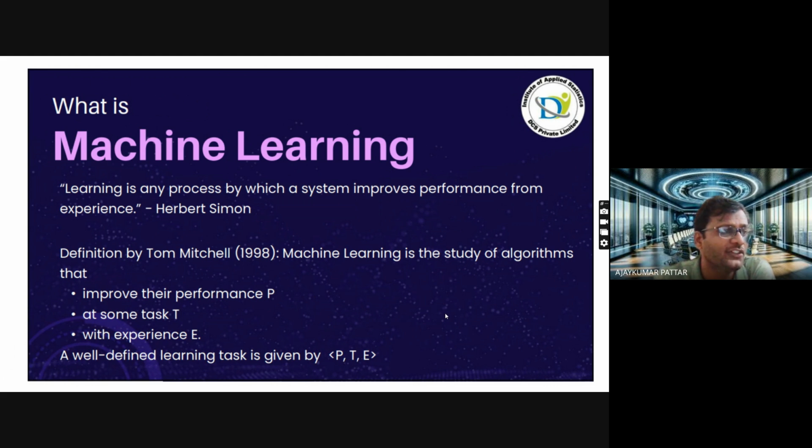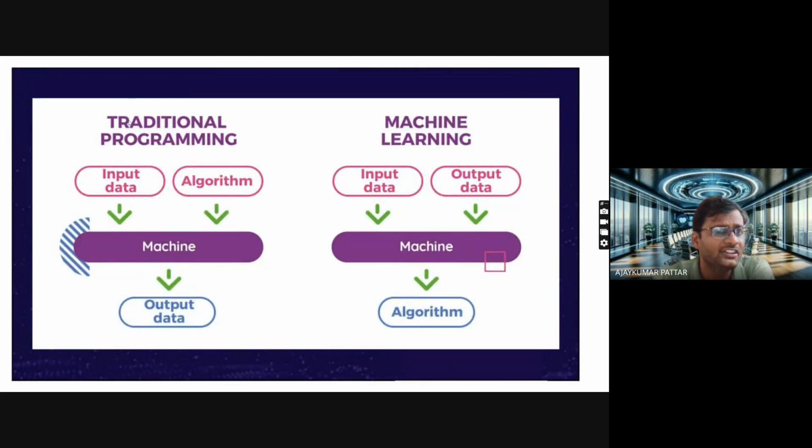By giving a number of data, the machines are prepared to improve their performance and the task with experience. That's why it is called machine learning. In traditional programming, in the initial days, they would give the input data and they had set some algorithm.